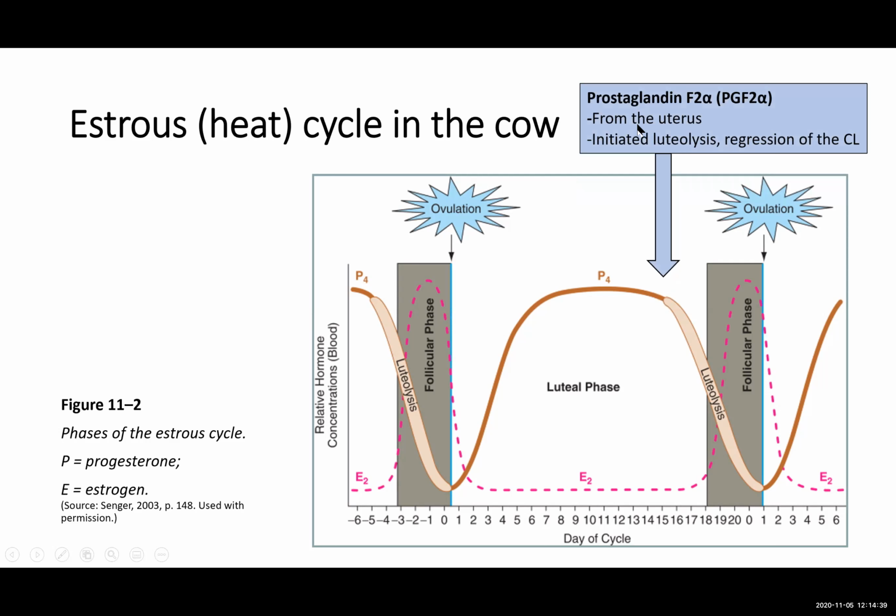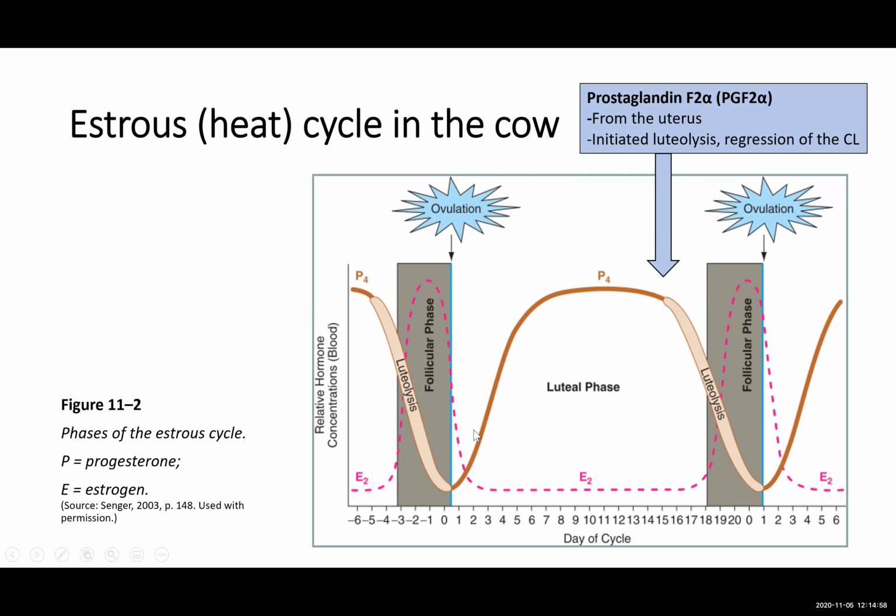Now, we have another hormone I'm introducing here. It's called prostaglandin F2 alpha, or PGF2 alpha. It is a hormone that gets sent from the uterus to initiate this process we call luteolysis. Luteolysis is simply the regression of the CL.